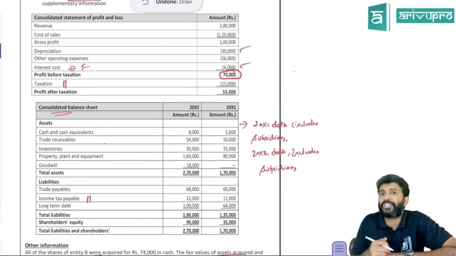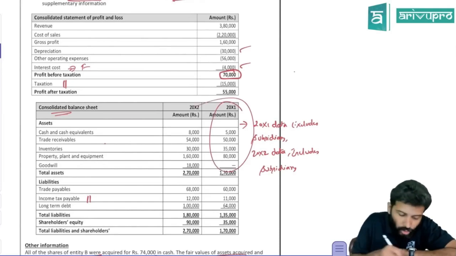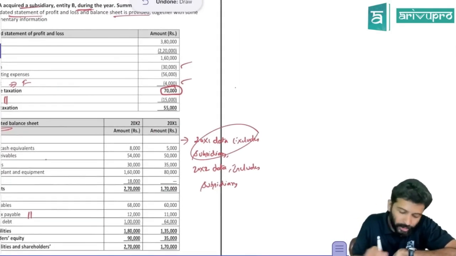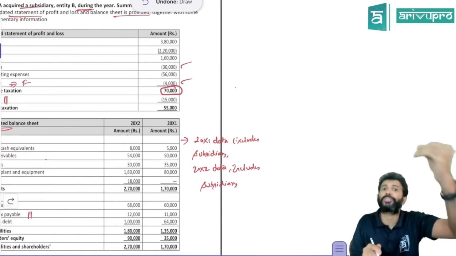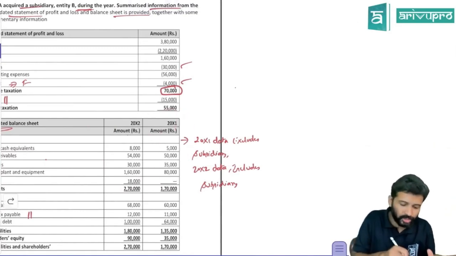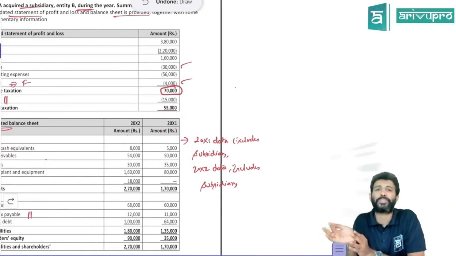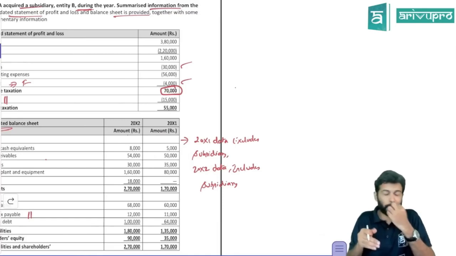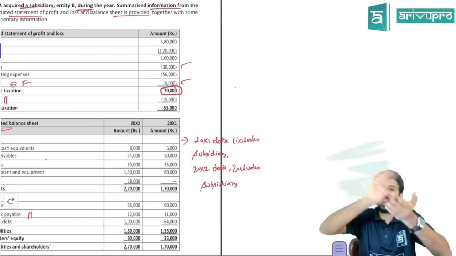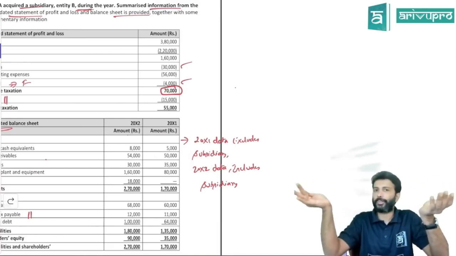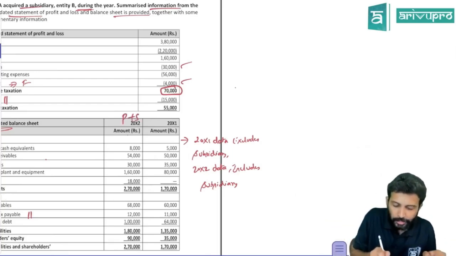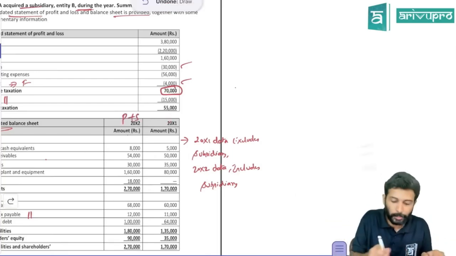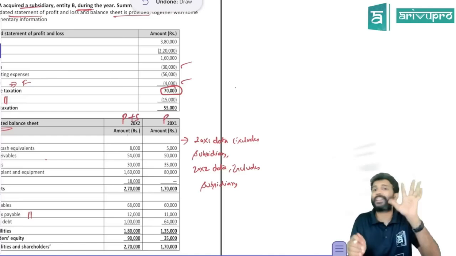But you did not have the subsidiary in the last year, so 20x1 data excludes the subsidiary. 20x2 is the current year and includes the subsidiary's net assets, but 20x1 is last year and excludes the subsidiary. Under the cash flow statement, what do we do for working capital changes? We compare opening balance and closing balance and accordingly find the increase or decrease. But this is parent plus subsidiary, and that is only parent. So if you compare straight away, that will be wrong.